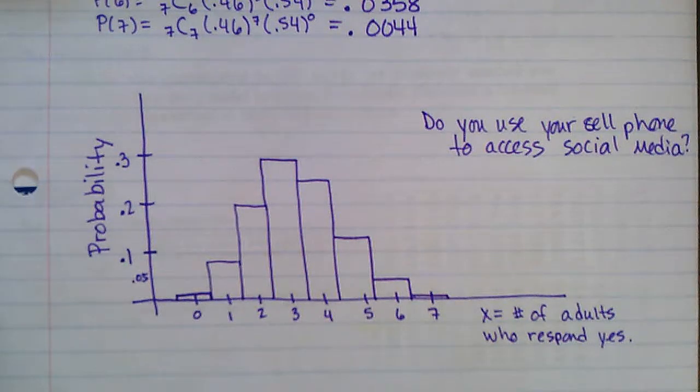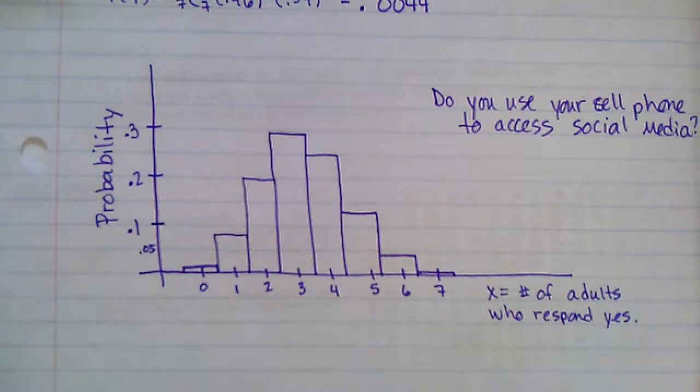So now I have my probability distribution for the number of people who said yes when we asked 7 adults if they use their cell phone to access social media. So we can use this distribution to answer some questions, such as what would be the probability of exactly 5 people saying yes?